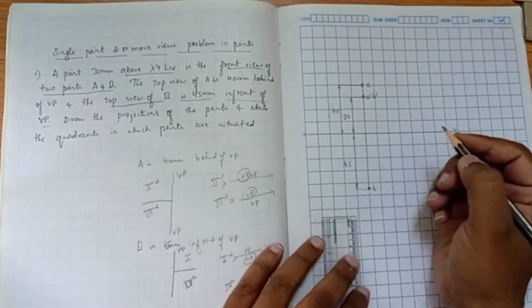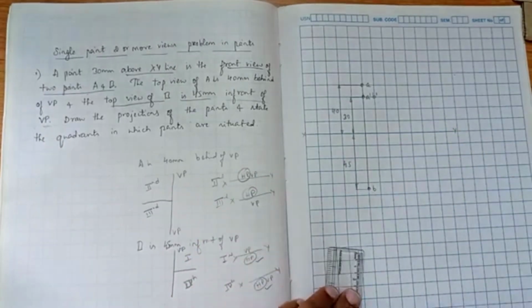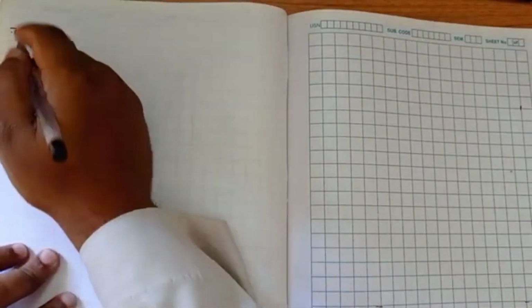Okay, so this is what the problem of a single point with 2 or more views. Okay, today we are going to start the first problem in points. So we'll take the first problem.